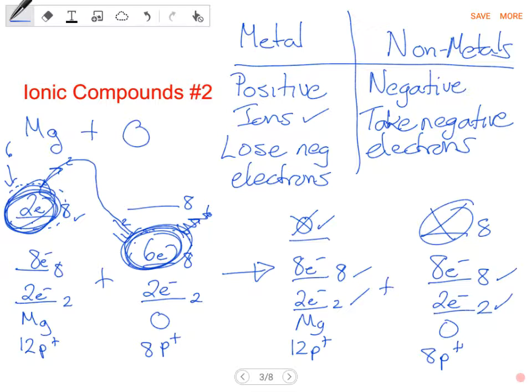Remember, these were your atoms. But the atoms weren't happy based on the 2-8-8 rule. Then we had a transfer. The metal lost electrons. The non-metal took or accepted electrons. And if you accept electrons, you become negative. But the point is, everything's happy now because when one loses and one accepts, the 2-8-8 rule is perfect for both.